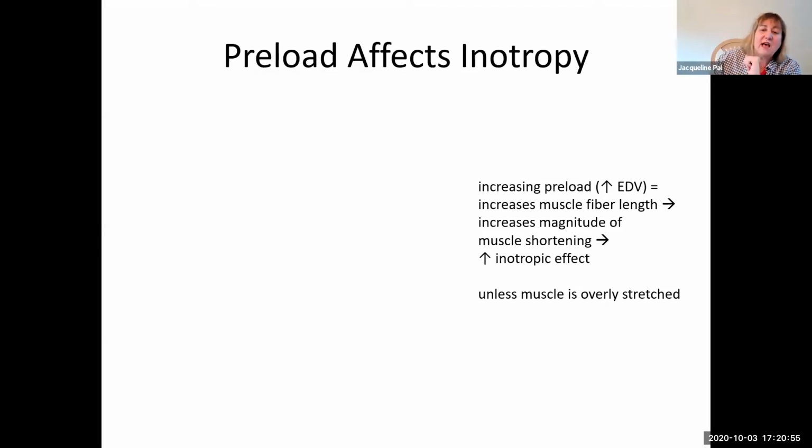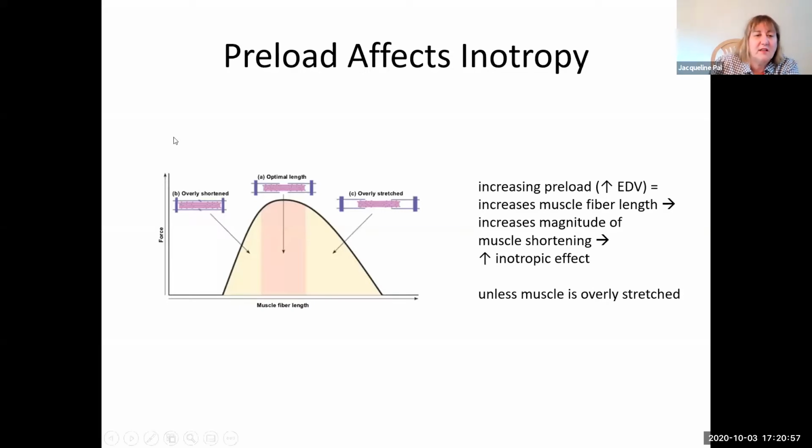Now, that occurs unless the muscle is overly stretched, because as you recall, that only occurs when you're going up the curve, and then we have the optimum length. If we were to increase the preload more, it would be overly stretched and the contractility would plummet back down towards zero.